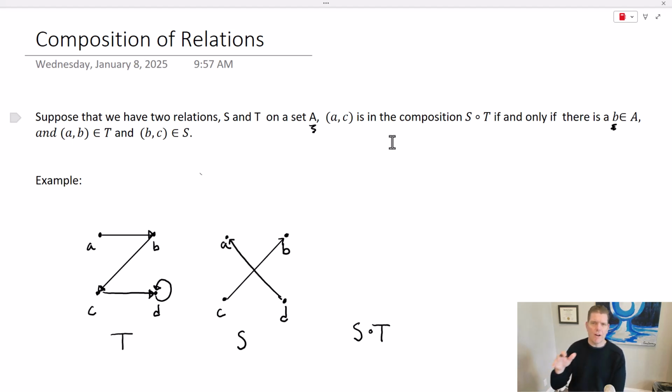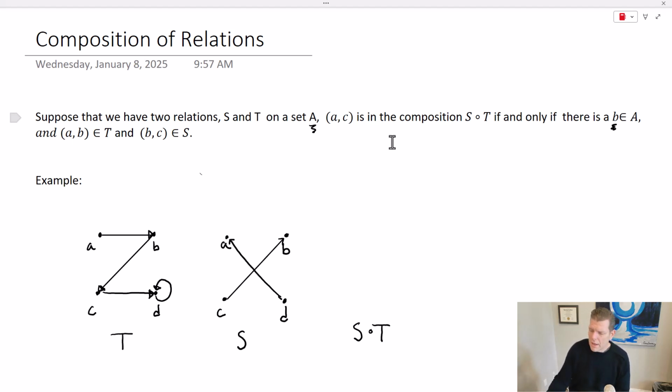Now, when we talk about functions, this relaxes a little bit. But for our purposes here, we want to make sure that the big set of vertices that we can work from for both S and T are in fact the same.